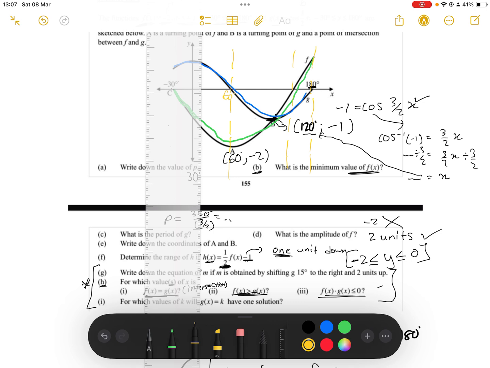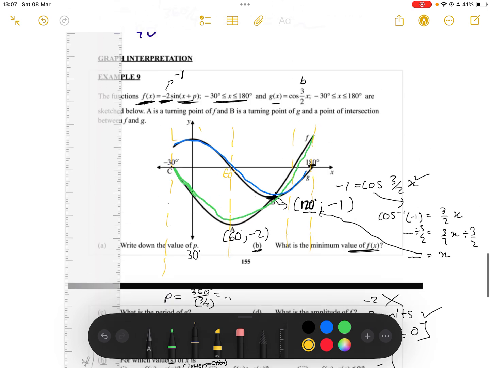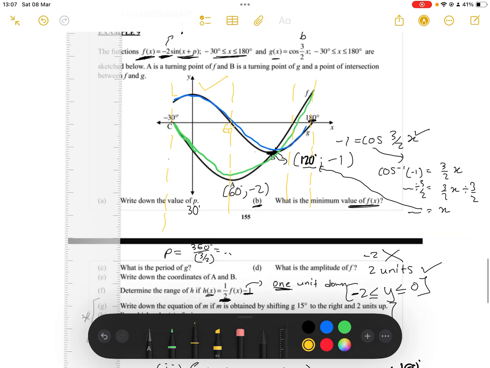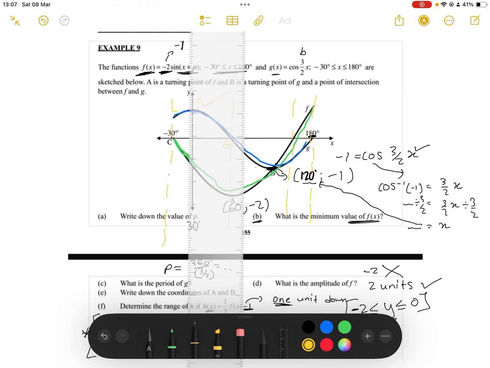So from negative 30, for this interval, we want this interval. This is how you're going to answer these questions. So this interval is correct. From negative 30 to 60, that is going to be the first correct answer. But if you carry on moving, after 60 they are both below. When they are both below, they are both negative. Remember, negative times negative gives a positive.